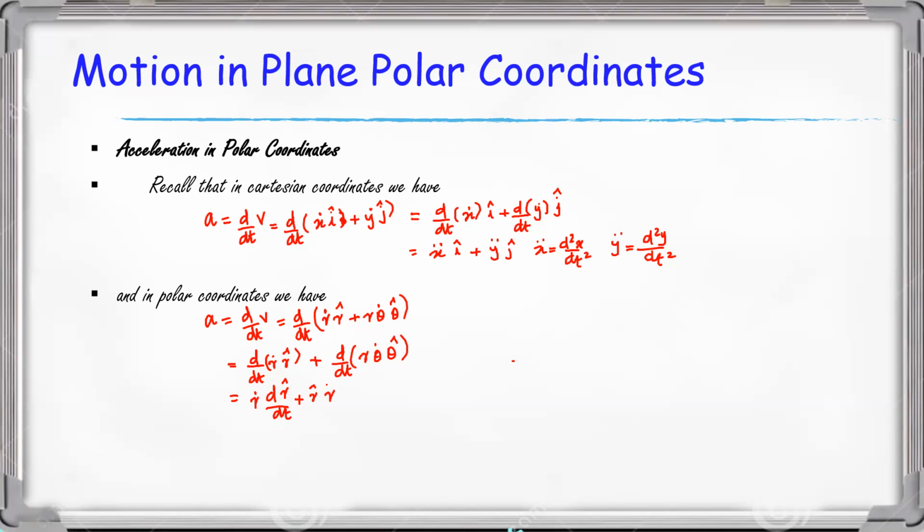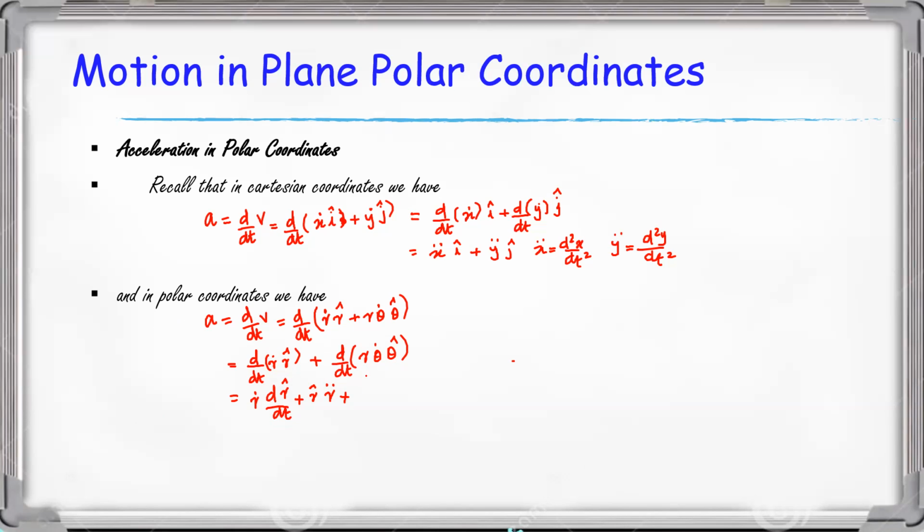We can write it as r double dot, isn't it? It is d by dt of r dot is equal to r double dot. Here the three quantities r, theta dot, theta cap are all dependent on t.